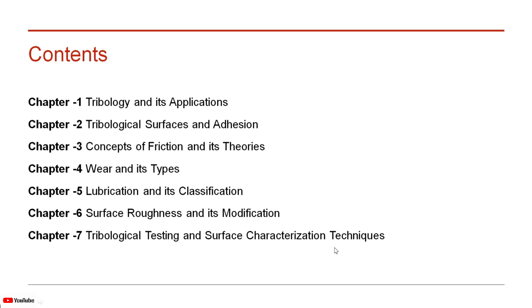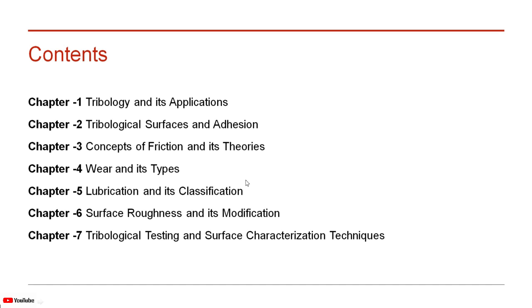This chapter mainly deals with how to test tribological properties, such as friction, wear, and lubrication tests. Corrosion is also covered. Further, it focuses on the surface characterization techniques that help to measure the surface properties through imaging, physical and chemical analysis. So these are the 7 chapters which the textbook mainly covers.